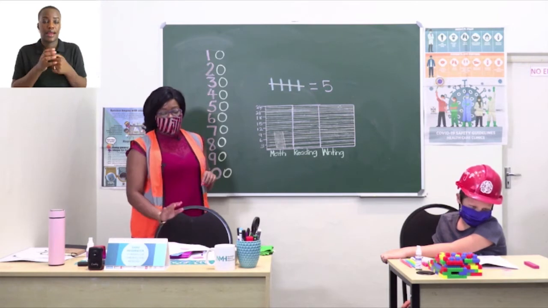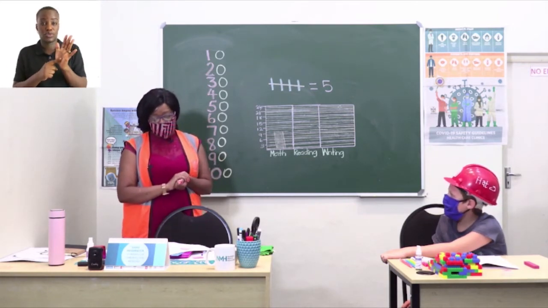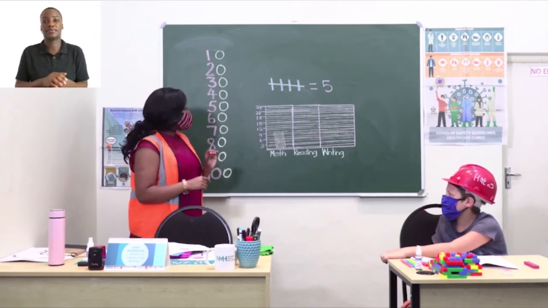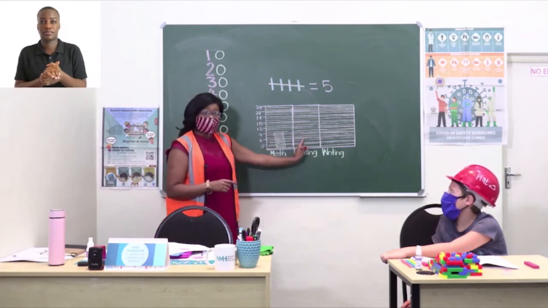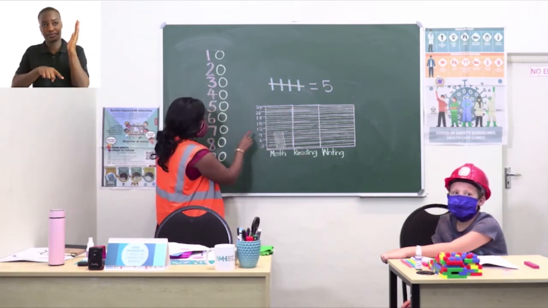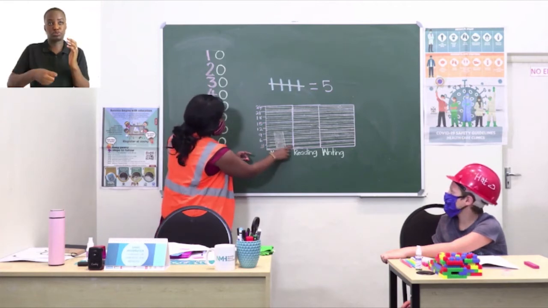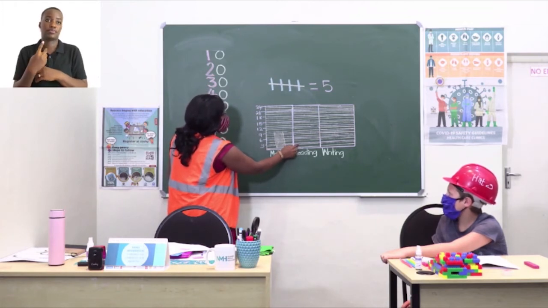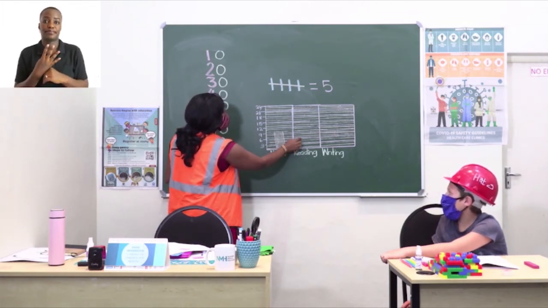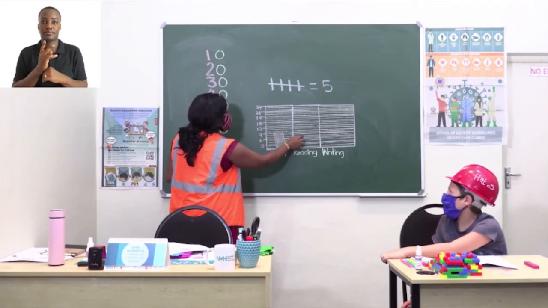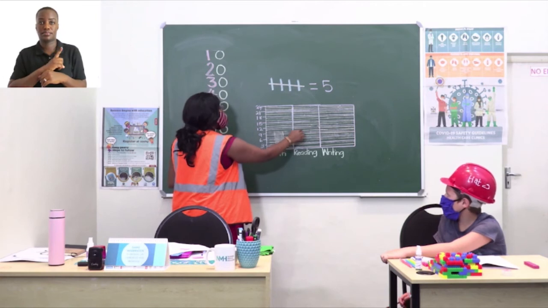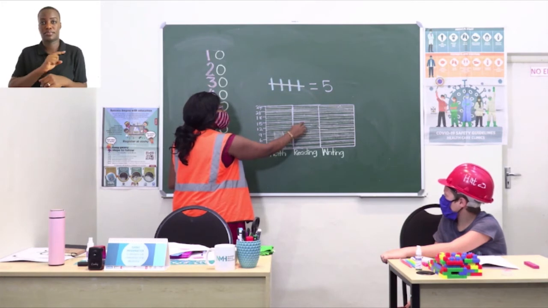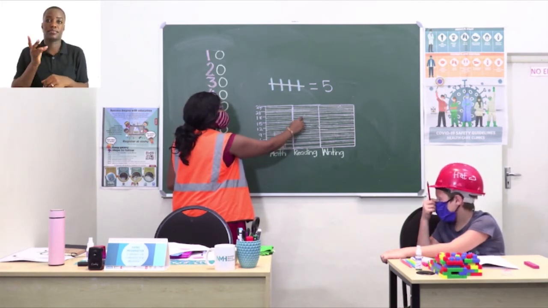Now, we know that the tally chart showed us that it is 17 people that like reading. So we are going to go to where reading is, and we are going to count up until 17 with our finger. 0, 1, 2, 3, 4, 5, 6, 7, 8, 9, 10, 11, 12, 13, 14, 15, 16, 17.